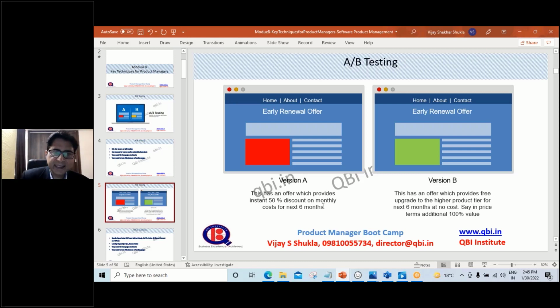To simplify, let us say if our target is to have as many renewals as we would wish, not comparing the benefits which we are extending to the customer, we could choose between version A and version B depending upon the results of our experiment. So we do experimentation, and on the basis of that experiment, we make a choice.